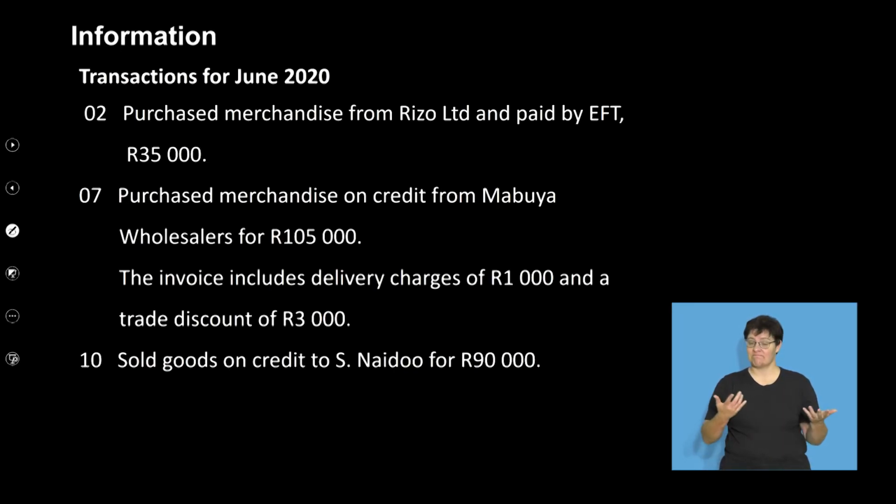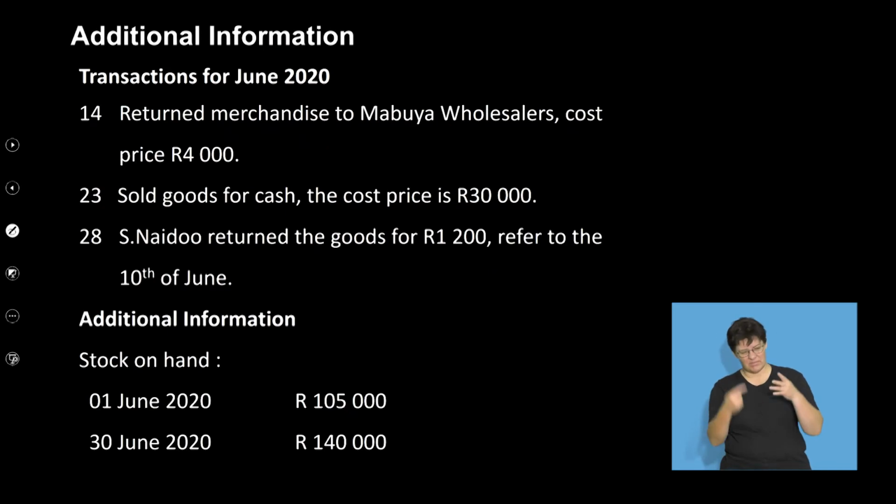There's your transactions. Purchased merchandise from Rizo Limited and paid by EFT. Purchased merchandise from Mabuya Wholesalers for 105,000. The invoice includes delivery charges and a trade discount of 3,000. Sold goods on credit to S. Naidu for 90,000. Those are just your transactions and your information. You return merchandise.